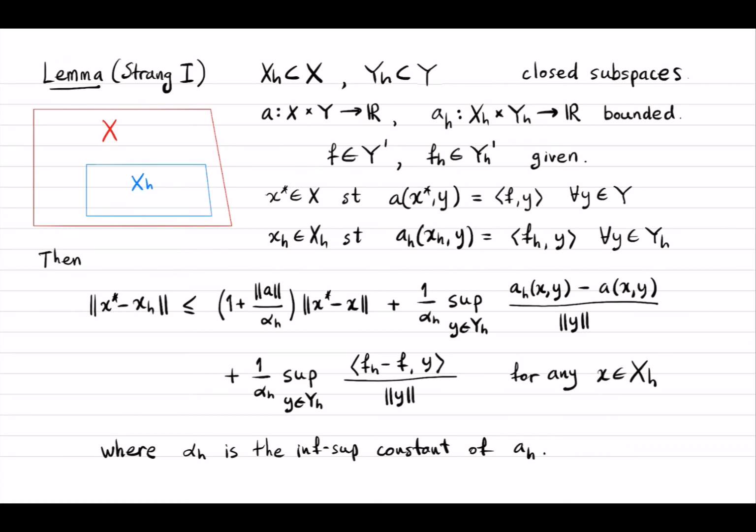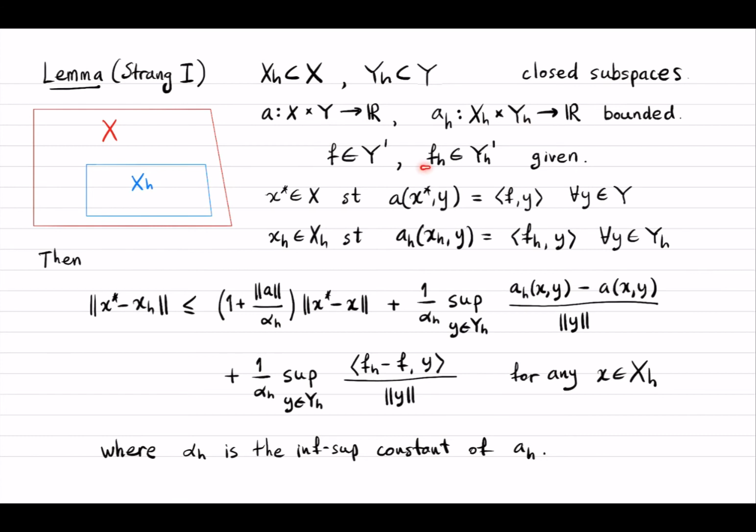We have, as usual, the energy space X and the finite element space X_H that is part of the energy space X, and we also have the finite element test space Y_H that is part of the continuous test space Y. We have the usual bilinear form A and the discrete bilinear form A_H, which is not necessarily equal to the continuous bilinear form A, that is only defined on the discrete spaces X_H and Y_H.